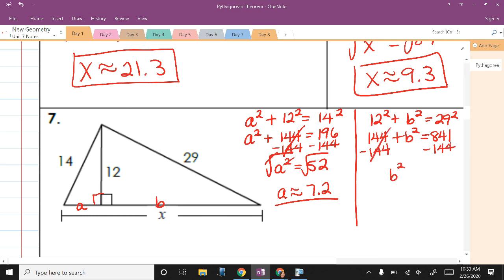B squared is 841 minus 144. 697. And then square root. And round it to one decimal place, about 26.4.